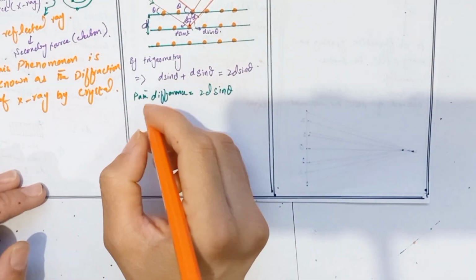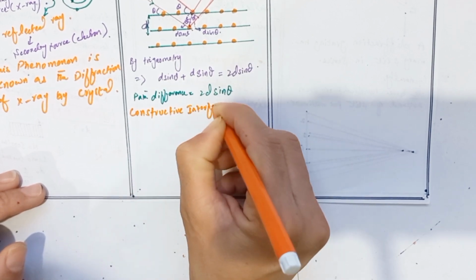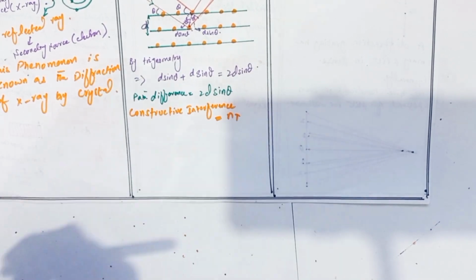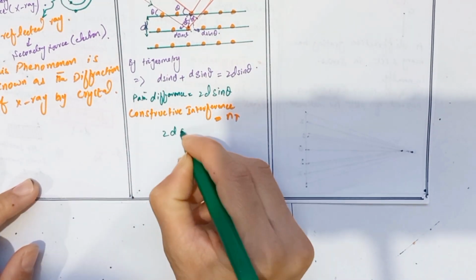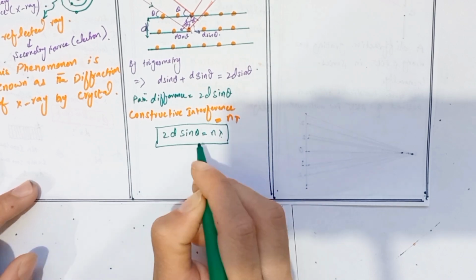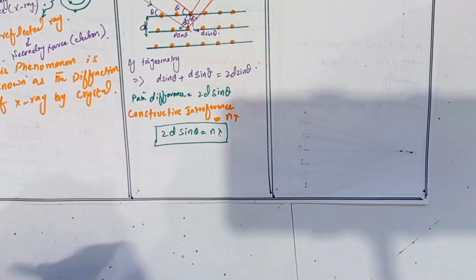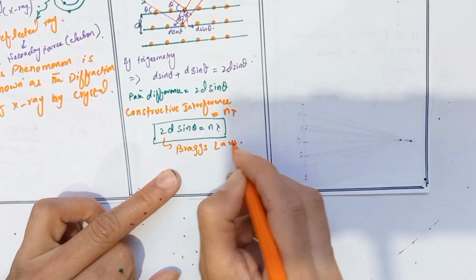We know that for constructive interference, that distance is equal to n lambda. So here we write 2d sine theta is equal to n lambda. This relation is known as Bragg's law.